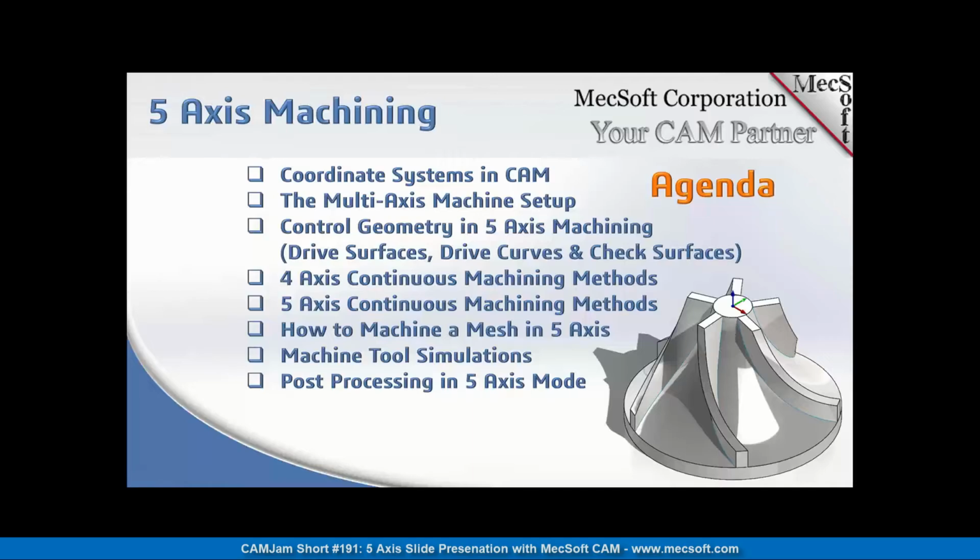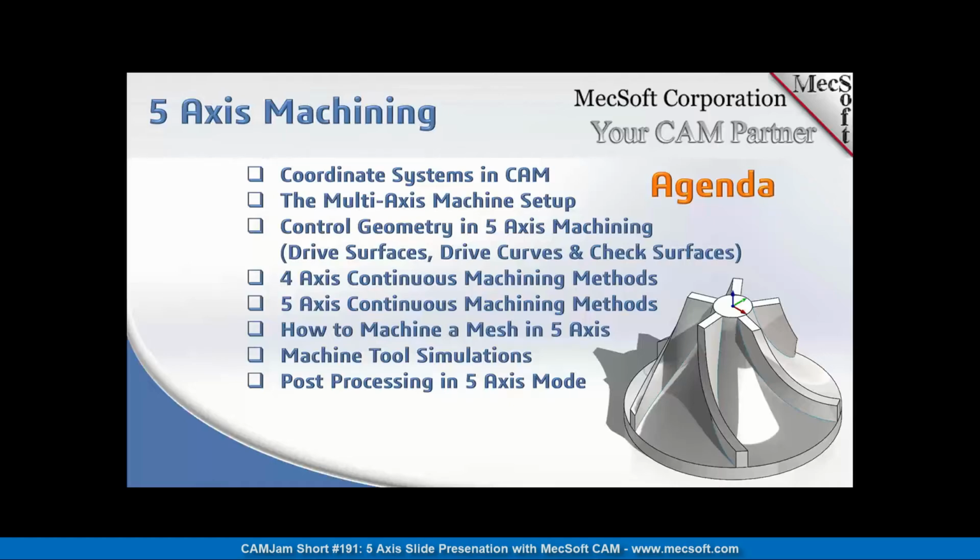Everything today is talking about 5-axis machining. So initially, we're going to start out by talking about the different coordinate systems in CAM, and also the multi-axis machine setup, which is a very important topic for setting up your CAM parts to work with your specific 5-axis machine.